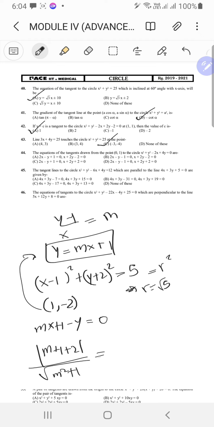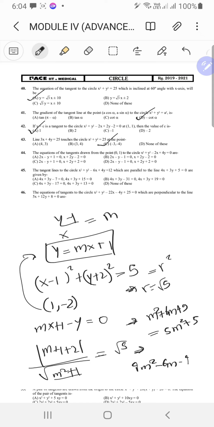This distance has to be equal to the radius, which is square root of 5, which means (m plus 3) squared, which is m squared plus 6m plus 9, is 5 times (m squared plus 1), which is 5m squared plus 5. So 4m squared minus 6m minus 4 equal to 0.